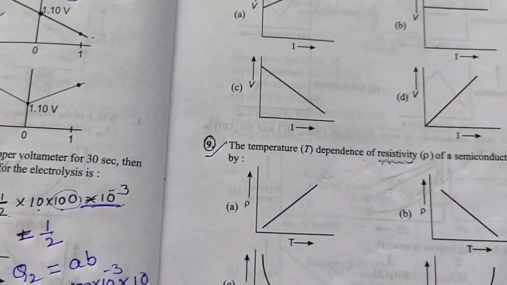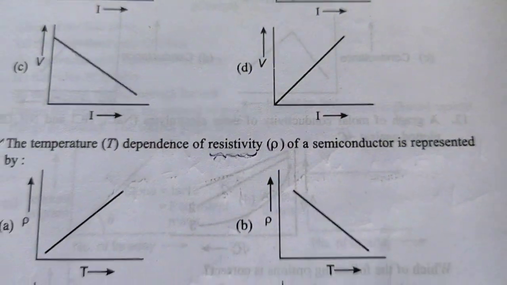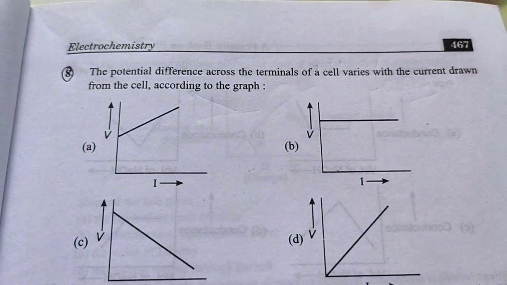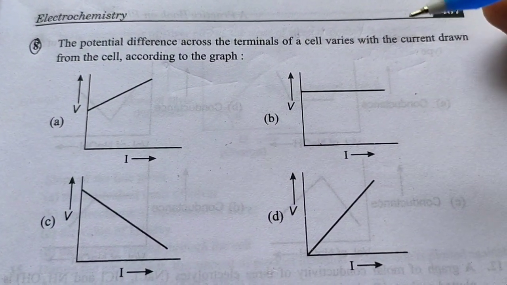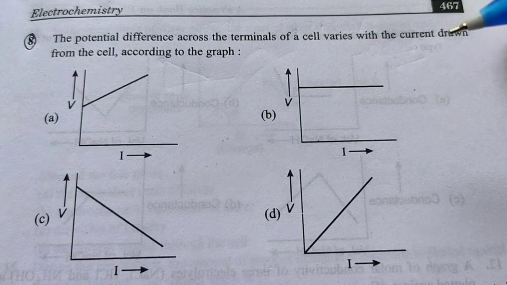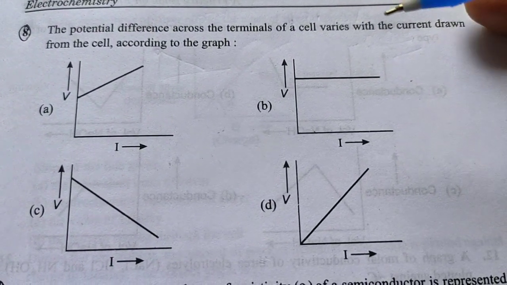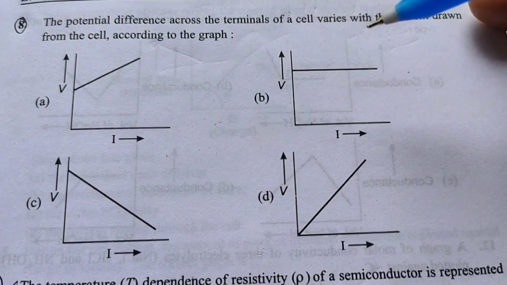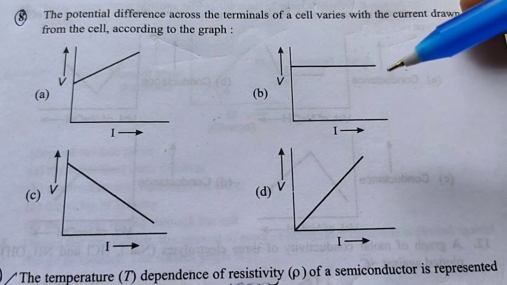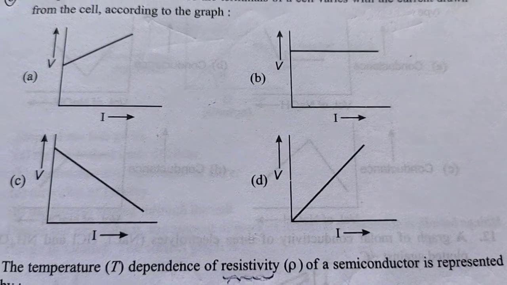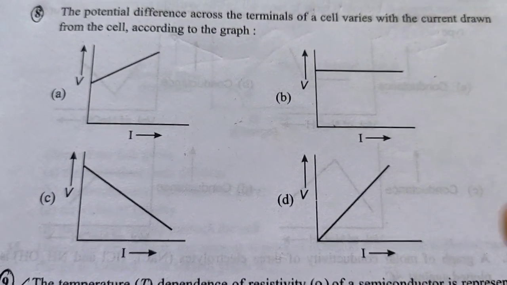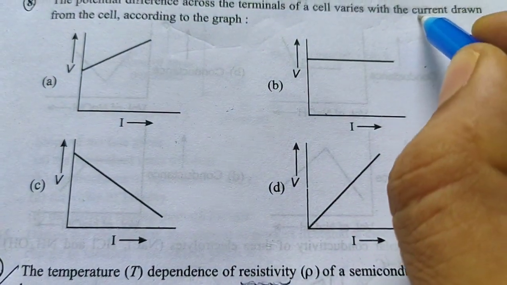So next, another very important graph. The potential difference across the terminals of the cell varies with the current drawn from the cell according to the graph. So what is the graph? The potential difference decreases with the current drawn from the cell.